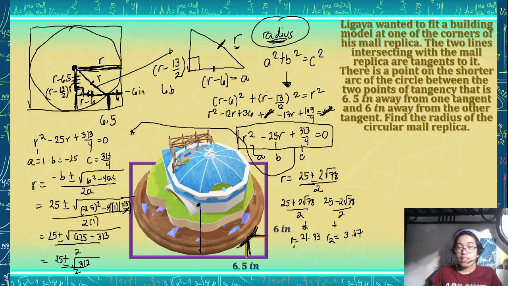Okay, so we can see clearly now which of these two values we should take. For this one, it should be the one with the addition symbol. r is equal to 25 plus 2 square root of 78 all over 2.